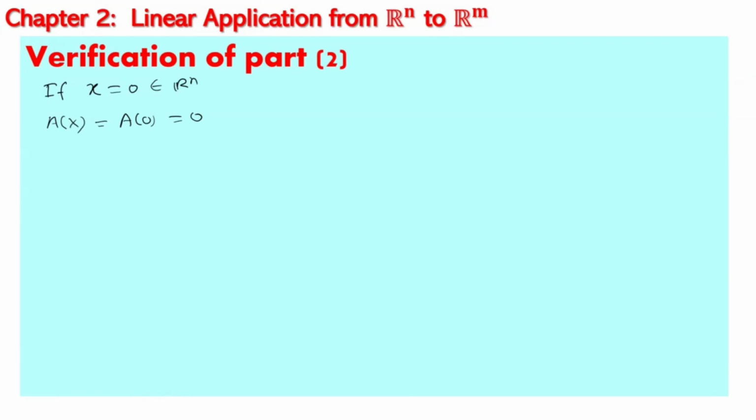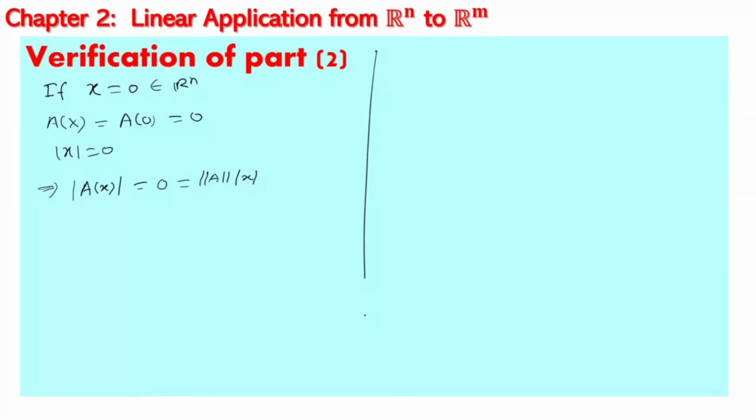In this case the property holds directly, and the norm of x is equal to 0. Therefore, mod of Ax is equal to 0, which is equal to norm of A times mod of x.